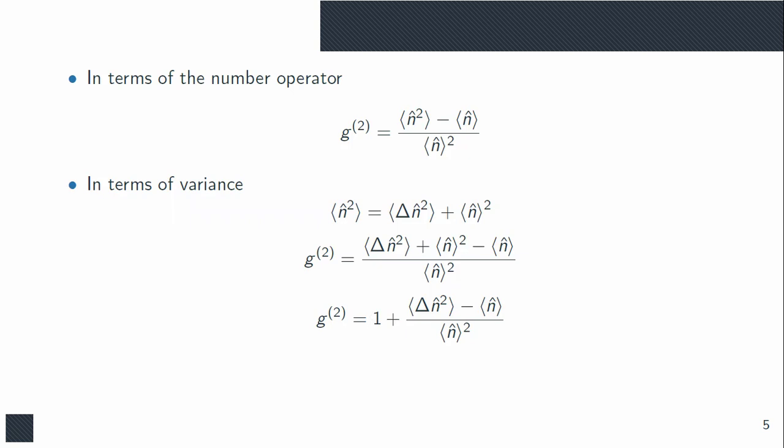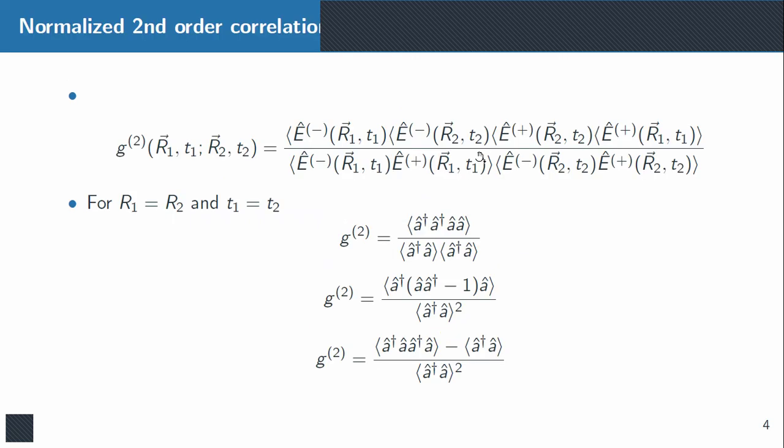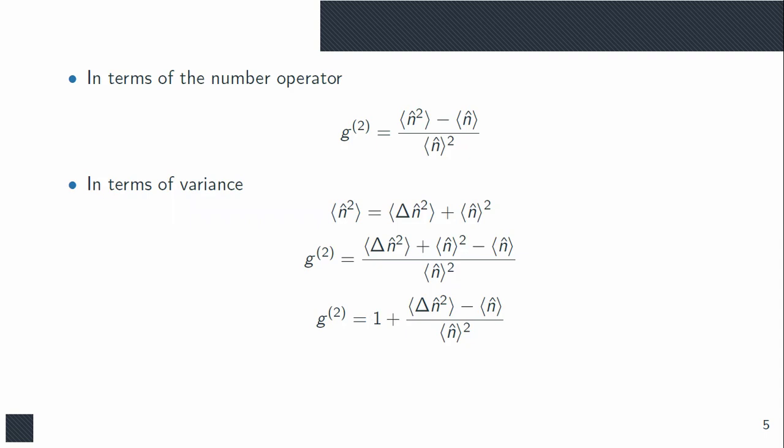The creation and annihilation operators are just mathematical tricks and are not physical observables, but the number operator is a physical observable. So writing the correlation function in terms of the number operator is much more physically realizable.